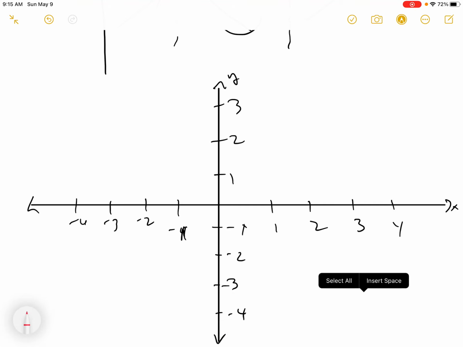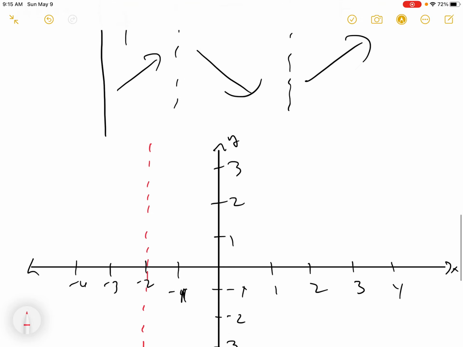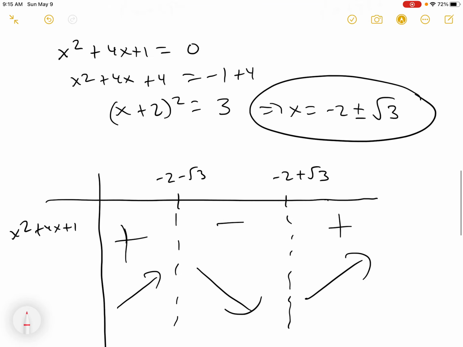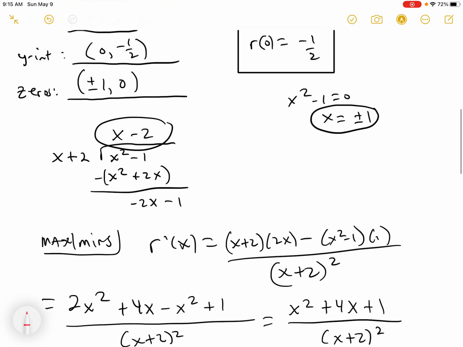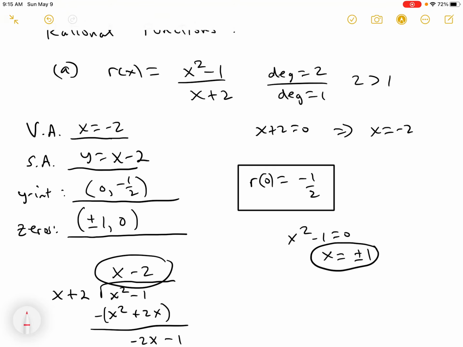X equals minus 2 is a vertical asymptote, like that. What's the slant asymptote? Y equals x minus 2. It's got a y-intercept of minus 2 and slope of 1. So that's what it looks like. Those are our asymptotes. We got zeros, y-intercept at minus a half, zeros at 1 and minus 1.